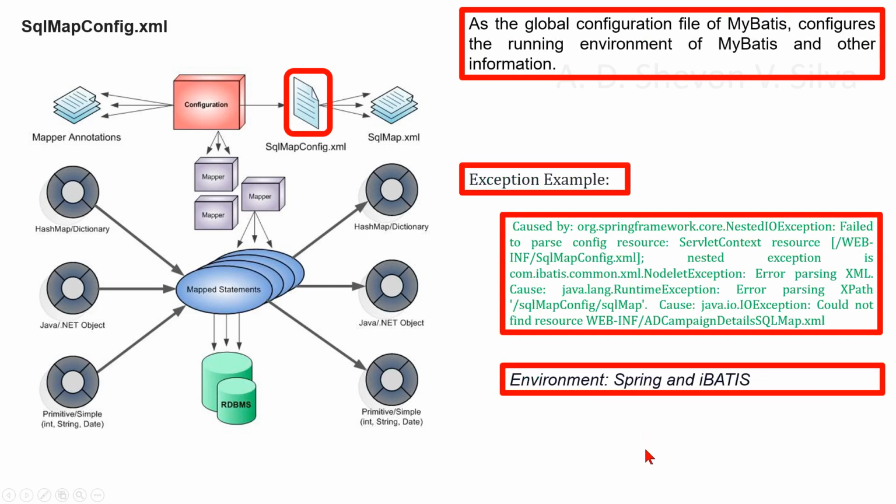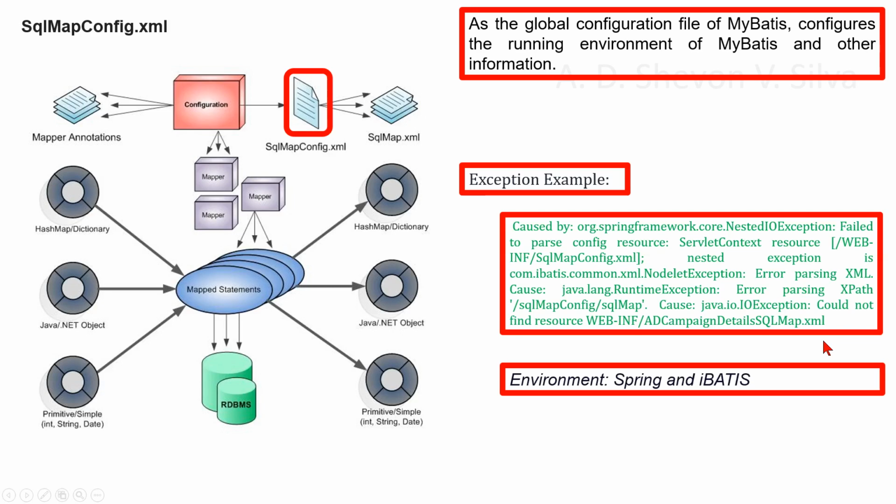As an exception example, we can consider this: caused by org.springframework.core.NestedIOException: Failed to parse config resource: ServletContext resource /WEB-INF/SqlMap.xml. Nested exception is com.ibatis.common.xml.NodeletException: Error parsing XML.